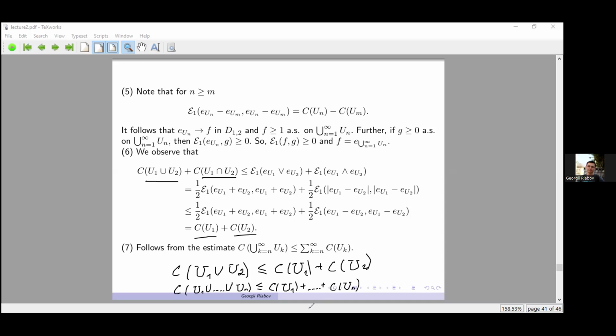Okay, and since we have property number 5, this can also be extended to a sequence of sets.